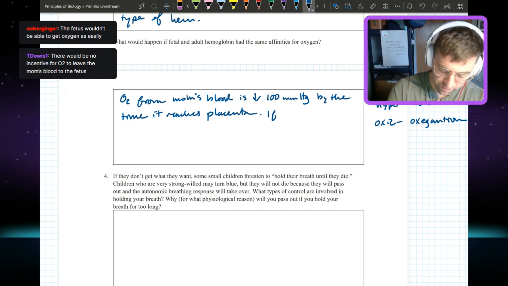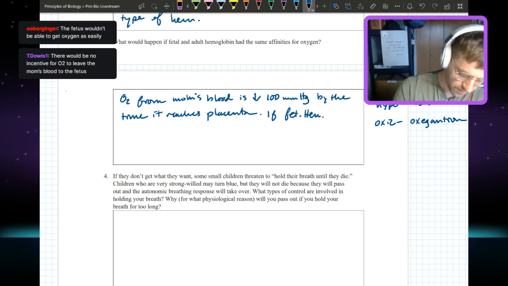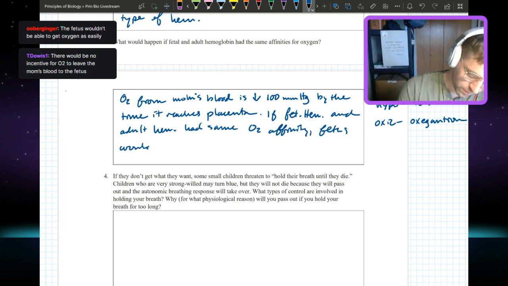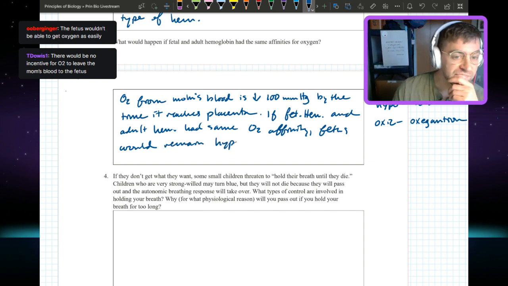So if fetal hemoglobin and adult hemoglobin had the same affinity, it would remain low, which would probably affect development.